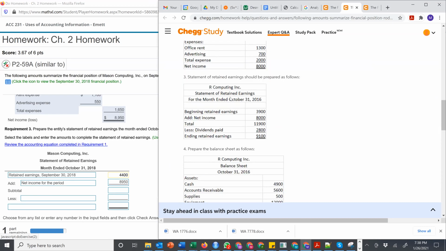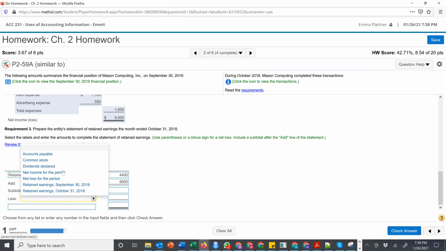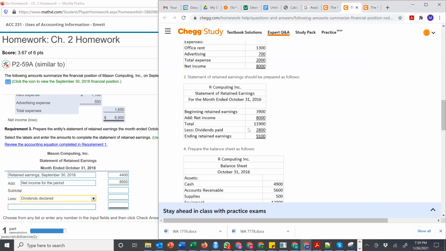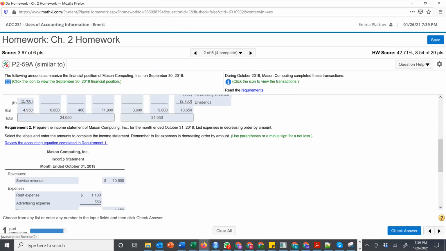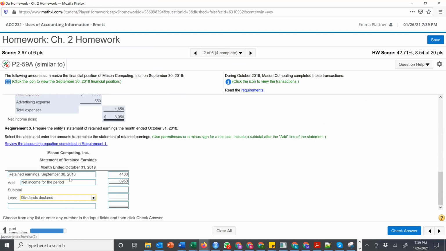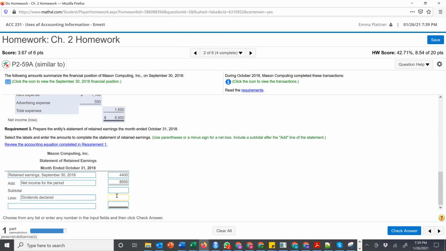Less, probably some expenses of some sort. Nope, dividends, because this is a retained earnings statement. So there's all these different statements in accounting that they want you to know about. Dividends declared, so we got to find that number, 2,800. There it is, right there. So yours is 2,700 in dividends, and I guess it's negative.